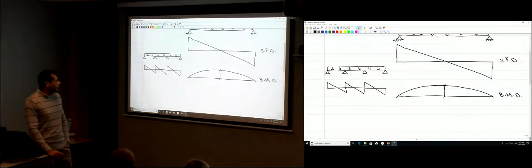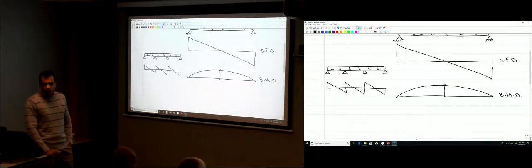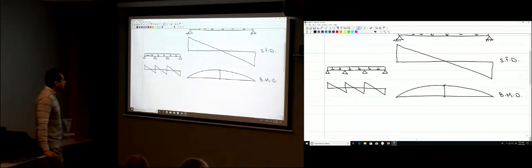Whether it's positive or negative, the sign of the shear doesn't make a difference for us. The sign of the bending moment is so important, because if you have positive moment, you place your steel on the bottom of the beam, and if you have negative moment, you place your steel on the top of the beam. For shear, there is no difference between a positive shear and a negative shear.